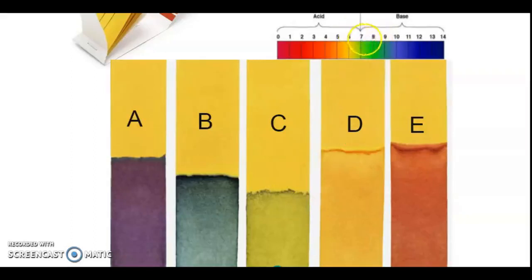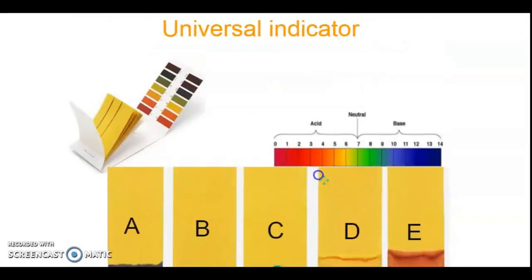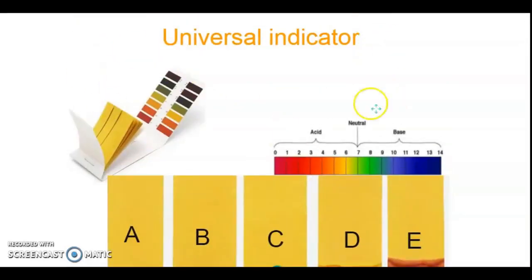C is 7 to 8, or 7. And D is 6 and E is 2. So according to these color changes, you can observe the chart and tell what is the pH value of the given solution. This is how the universal indicator is used.